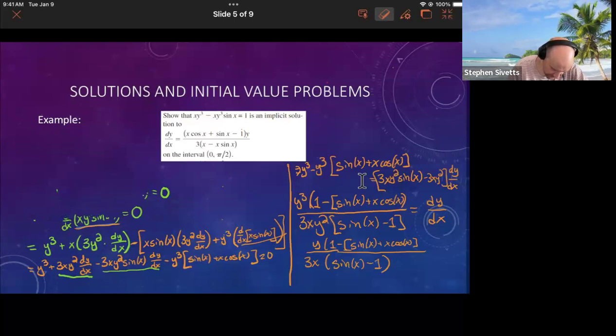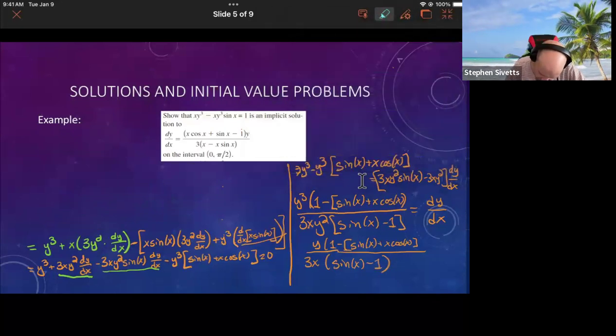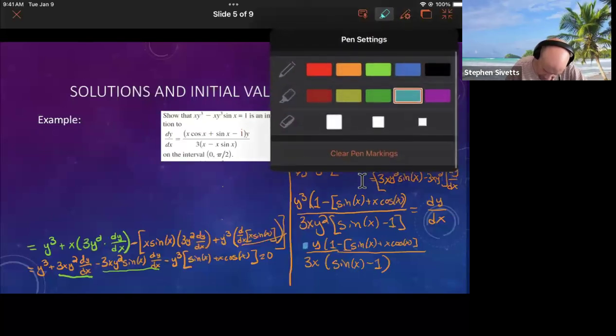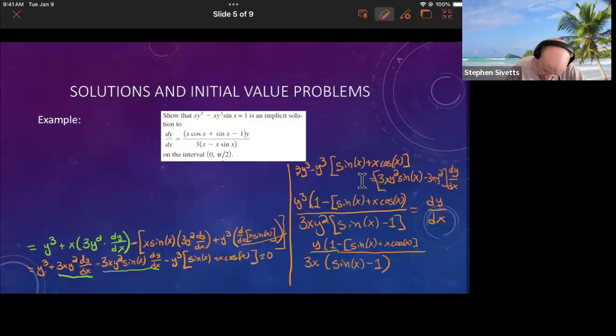So if I erase this here, if I factor out a minus sign in the numerator, I will get, yeah, okay.